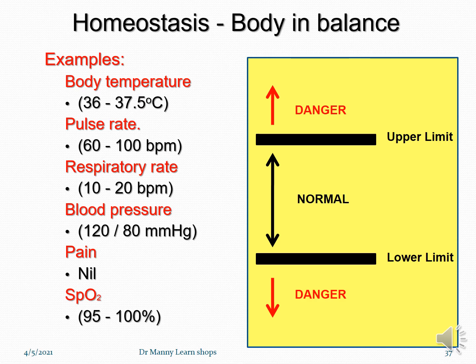SpO2, the peripheral saturation of oxygen. Typically, look at the range, 95 to 100%. Less than 90, hypoxia. Greater than 100%, hyperoxia. These all are associated with homeostasis.